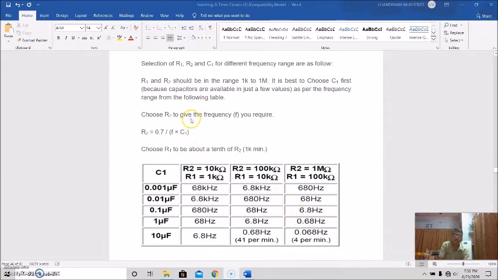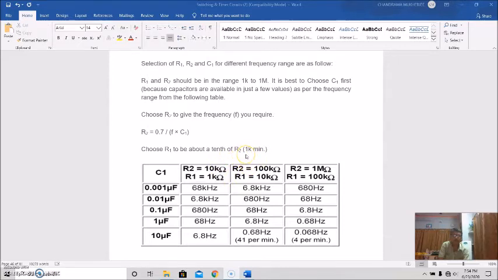Then choose R2 to give the required frequency: R2 equal to 0.693, that is 0.7, divided by F into C1. Then choose R1 to be about one tenth of R2. That is, if R2 is 10 kilo ohm, R1 will be 1 kilo ohm.